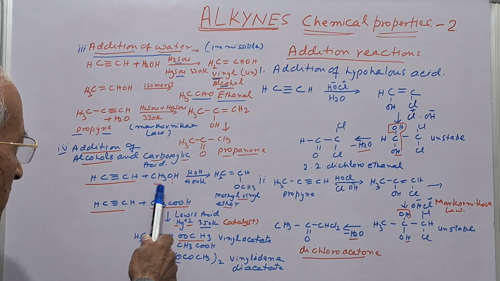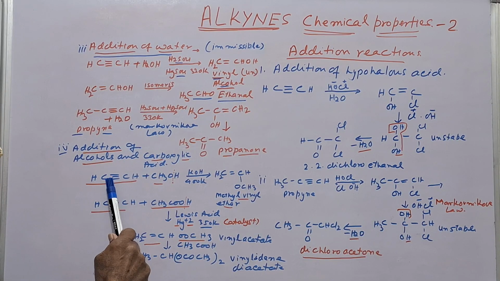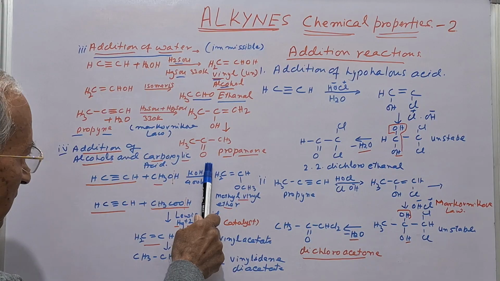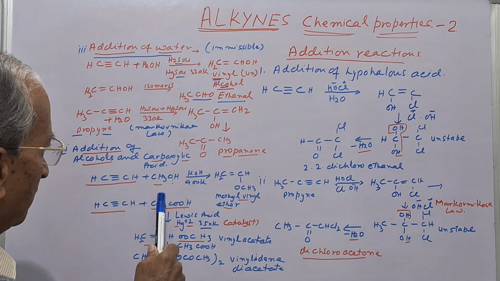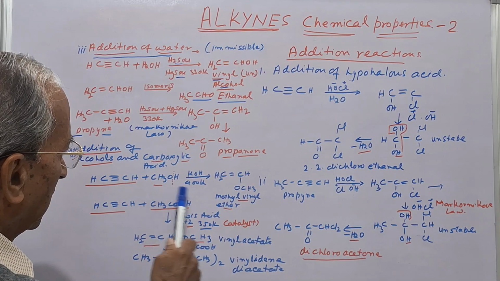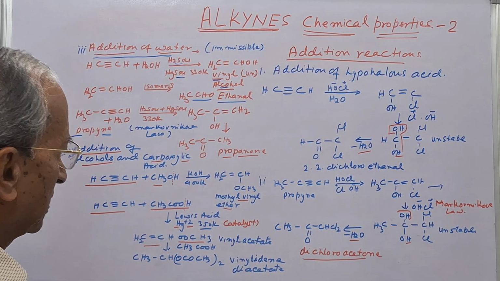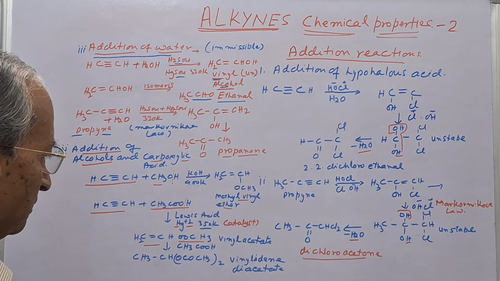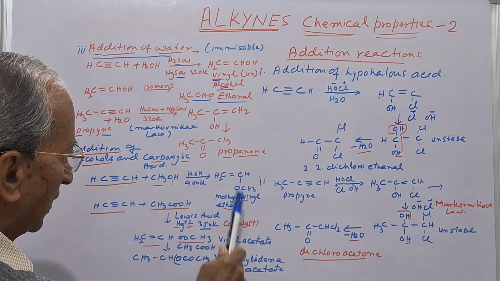In the same case, CH3O and H. First, alkyne reacts with alcohol in the presence of KOH at about 400 K. One bond breaks and addition of H and OCH3 takes place. It forms methyl vinyl ether.